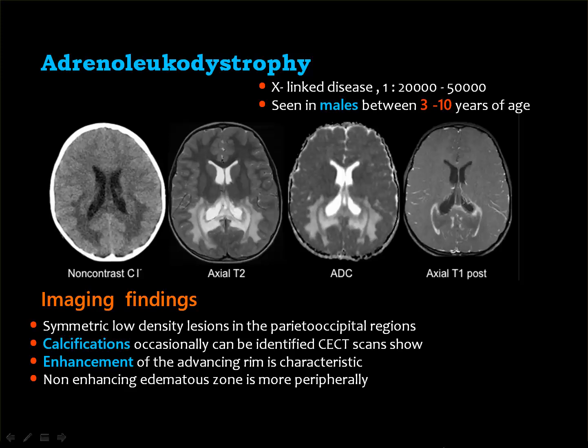The third one is adrenoleukodystrophy, which is an X-linked disease seen in males in the age between 3 and 10 years.